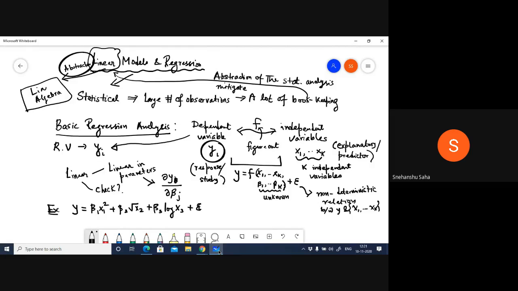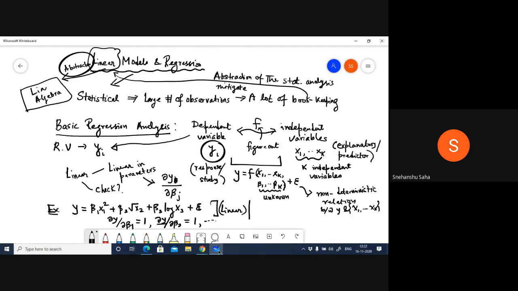This is actually linear. Why? Because if you take del y by del beta 1, you're going to get 1. If I take del y by del beta 2, you're going to get 1 and so on. So your partial derivatives, which means the rate of change of your response variable with respect to these unknown parameters, is not a variable, it's a constant. So this is a linear model.